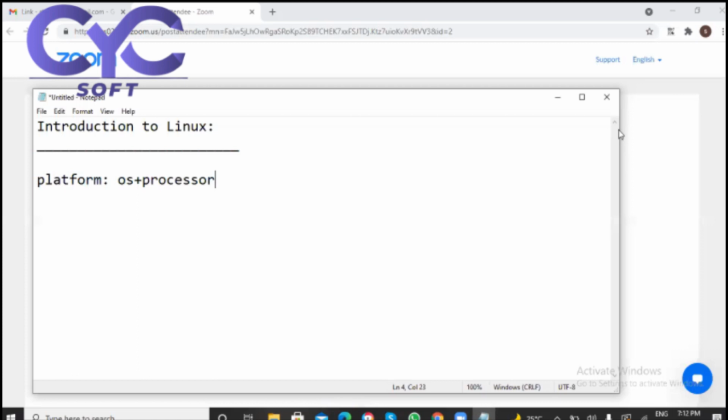And moreover, Linux is open source, but Windows is not open source. It's a paid service, with a license. Of course, except Red Hat, CentOS, and Ubuntu are the freeware servers, free servers.